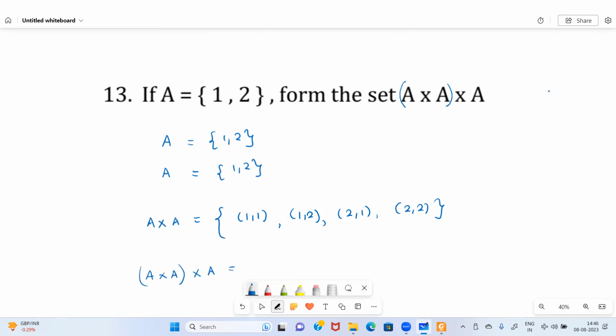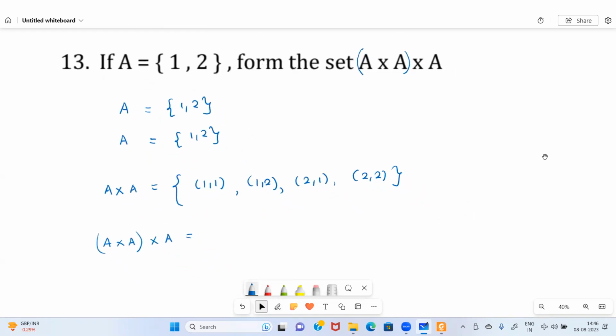Okay? Which means I have the set A cross A given here. What is A? 1, 2. So we will have to relate now each element here. What is there? 1, comma 1.